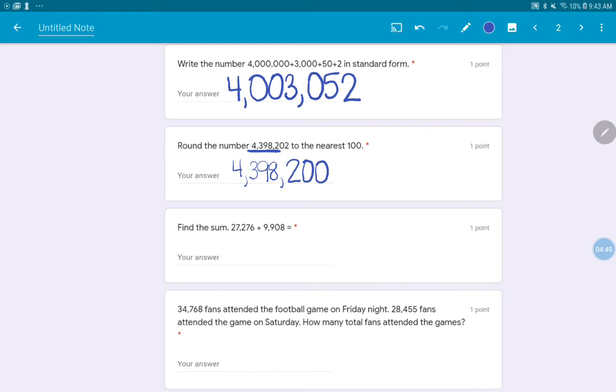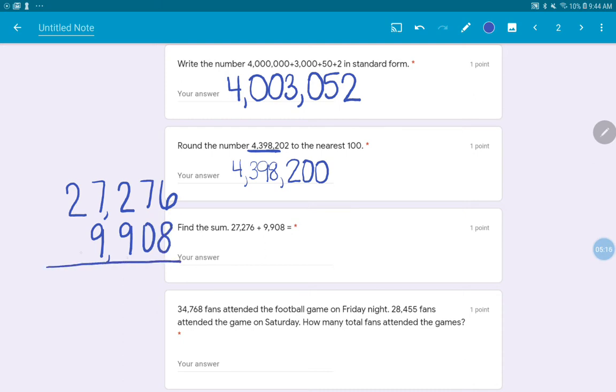All right. Next, I'm going to find the sum. What does sum mean that I'm doing, Jaden? I'm adding them together. So I've got 27,276 and I'm adding 9,908. I'm making sure when I write these that I'm lining up each place value. What do I add first, Christopher? I'm going to add the ones first. 6 plus 8 is 14.